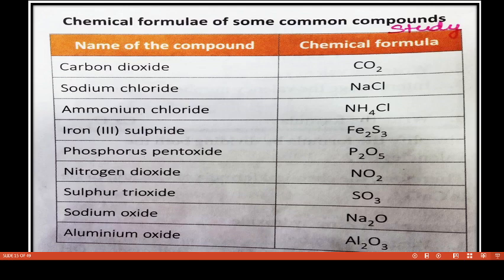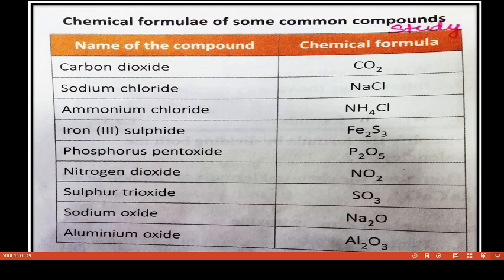So see some more examples of chemical formulas of common compounds. Carbon dioxide, chemical formula CO2. Sodium chloride NaCl. Ammonium chloride NH4Cl. If iron, Roman numeral 3 means you write sulfur as 3, Fe2S3.